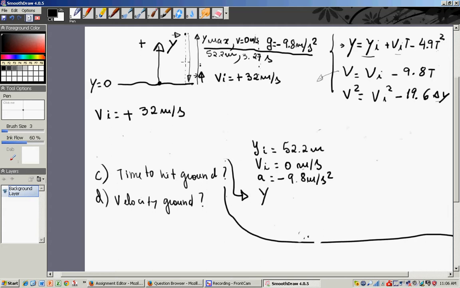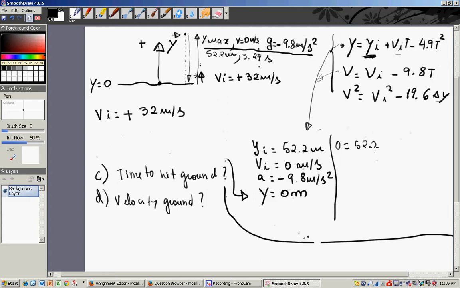And then I say, well, what can I do? My final position, when the rock hits the ground, is y equals 0 meters. So I have final position, initial position, initial velocity, and acceleration. Then I can plug all that information in here and get my time. So let's do that.